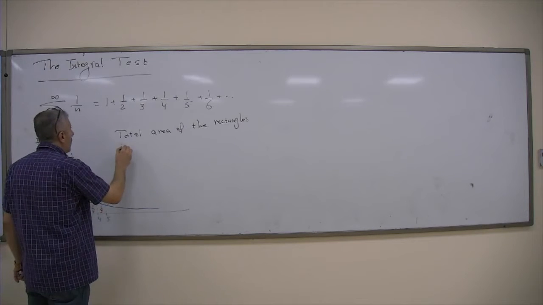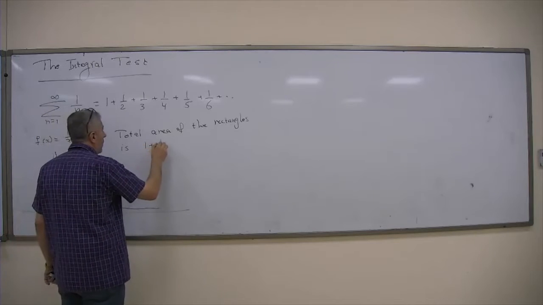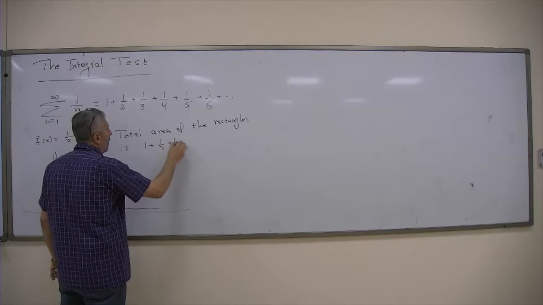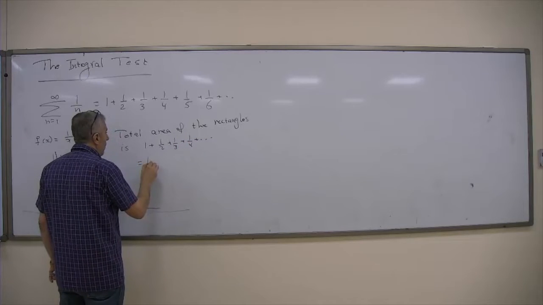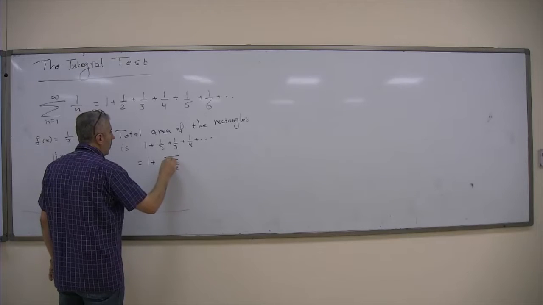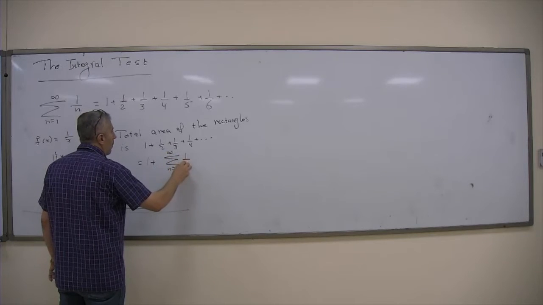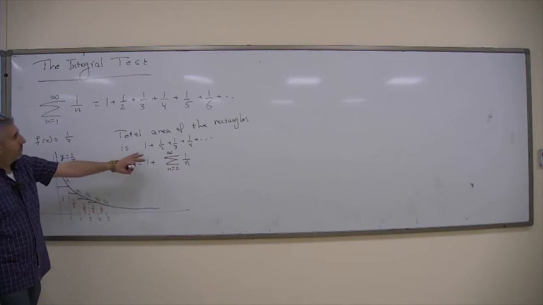Is 1 plus 1/2 plus 1/3 plus 1/4, and that is 1 plus summation n from 2 to infinity 1 over n. Am I correct? You can see it from here.